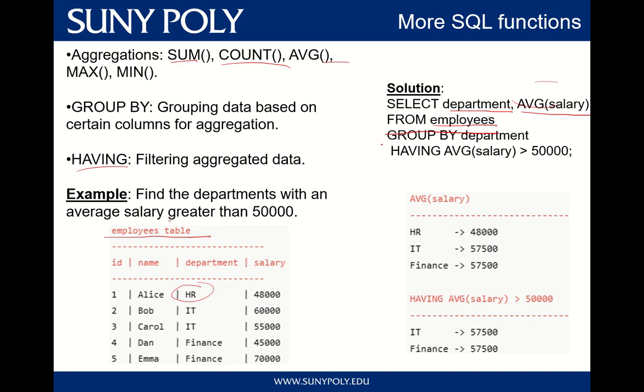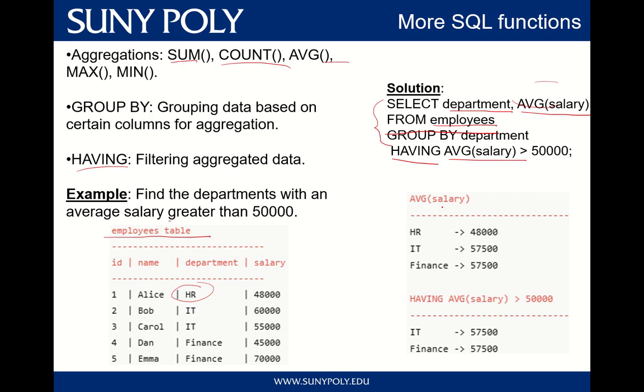If we just have our query until the group by, we will get the average salary for each department in the company, but we don't want that. We want to add this condition here: only average salary greater than 50,000. This is when we use our having, right? The average salary greater than 50,000. So this allows us to add this condition.